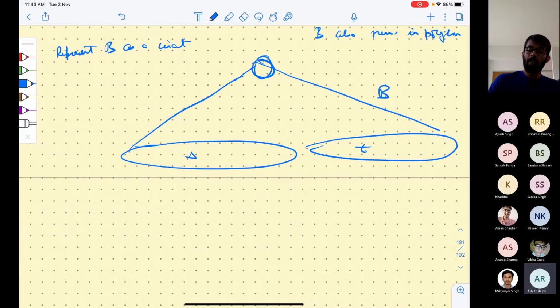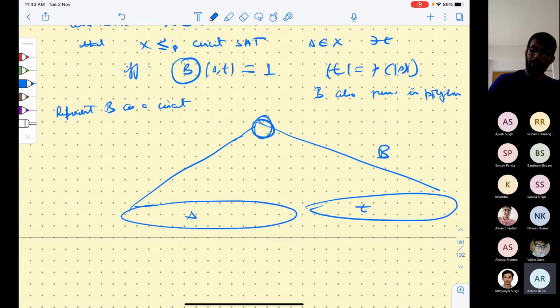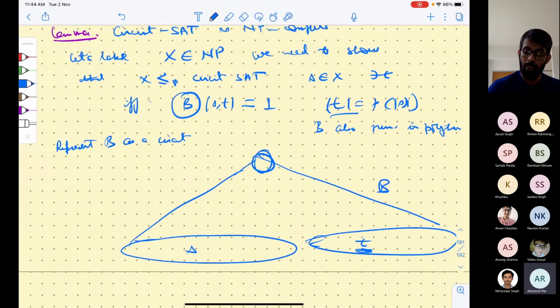So if there exists a satisfying assignment, then there exists a T such that B of S comma T is equal to 1. We are not going to go into the full proof, but this is the sketch of the proof.